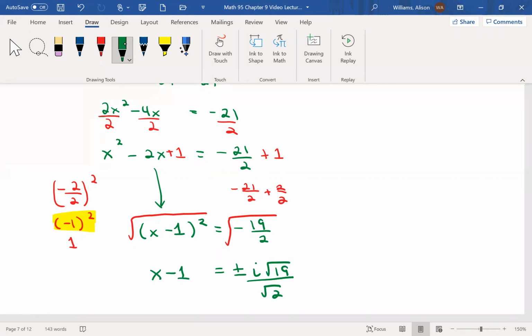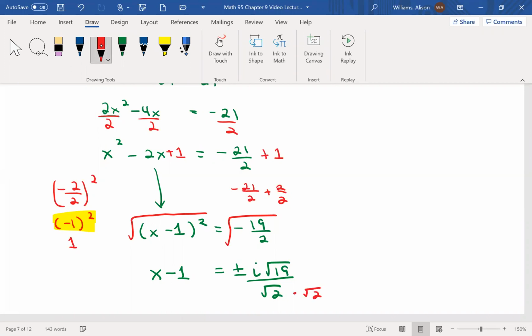All right, now, whenever you have a negative, it just becomes i, and there's no longer a negative under the radical. So we're working with imaginary numbers. This also is a problem in that I have a radical in the denominator over here on the right, and we don't leave radicals in the denominator. We rationalize the denominator.